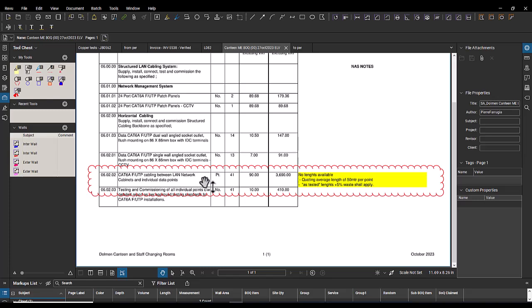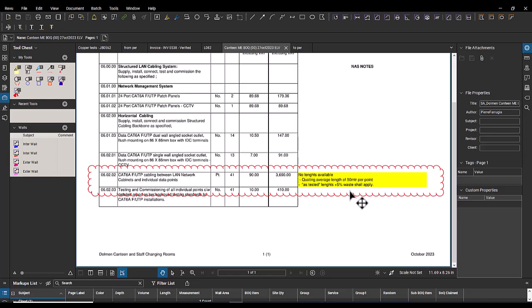That's why we are quoting as per points, and we assumed that each point is 50 meter, because it says quoting average length of 50 meter per point as tested, and also plus 5% waste shall apply.